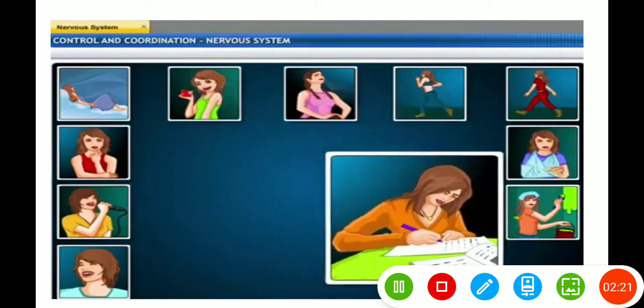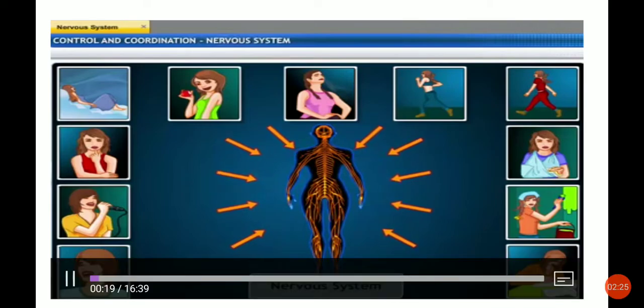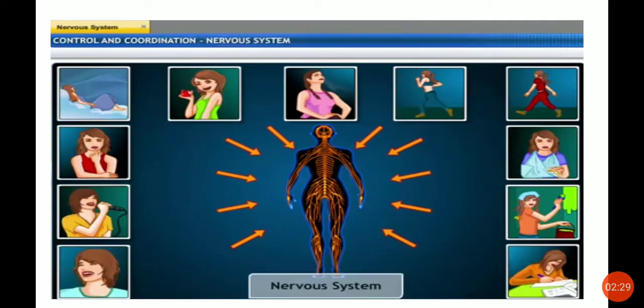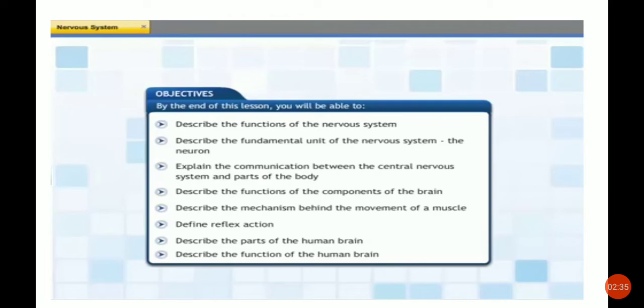We cannot do any of these things without our body's nervous system. In this lesson, you will learn about the nervous system and its components, reflex action, and the structure of the human brain.